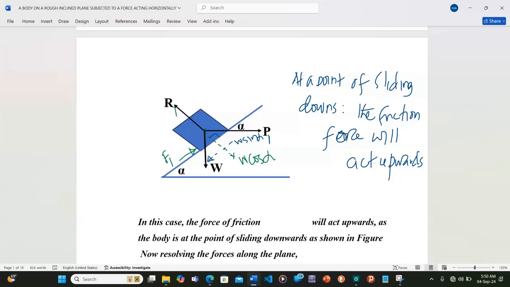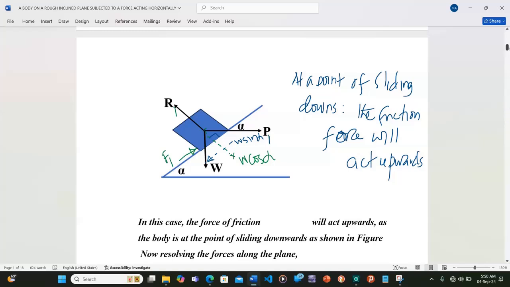You also need to consider that at the point of sliding downwards, the friction force is going to act upwards. If we are looking at the other side, that this body is going to slide upwards, then the frictional force will act downwards along the plane.